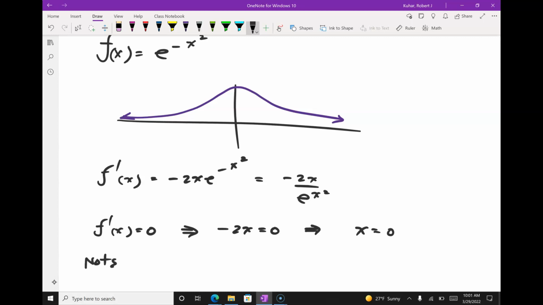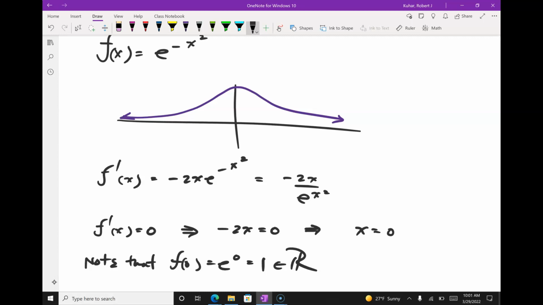Note that f of 0 is e to the 0 is 1, a real number. So I know that's a possible min or max. Right? What would I need?